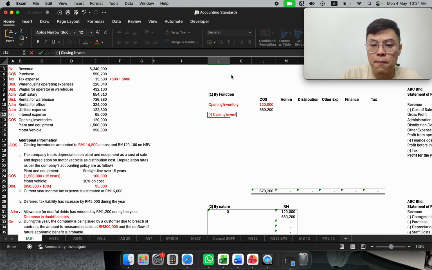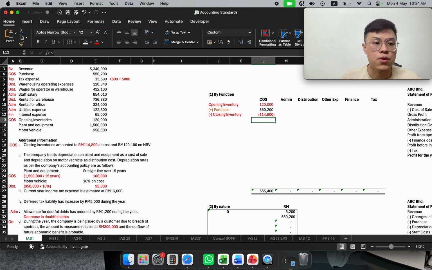As we have chosen the smaller of cost and NRV, which is 114,800, that will give our cost of goods sold. So we have 1 item, 2 items, and our third item. Still got one more, which is depreciation on plant.